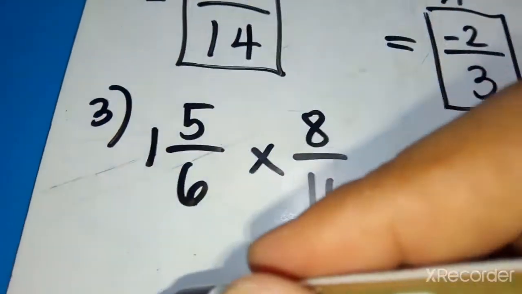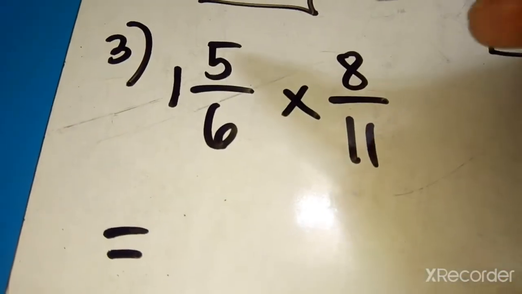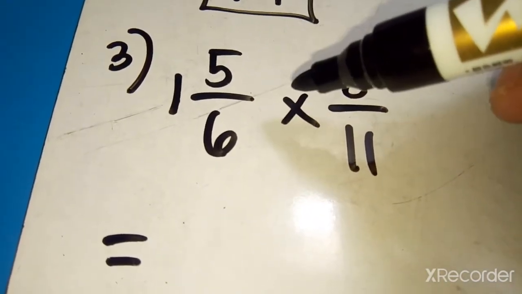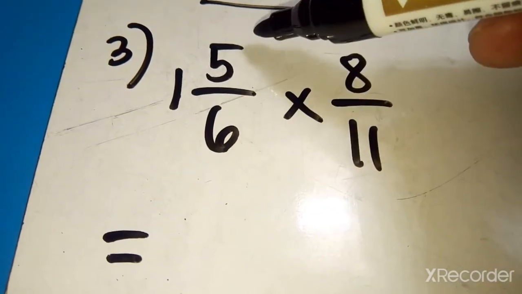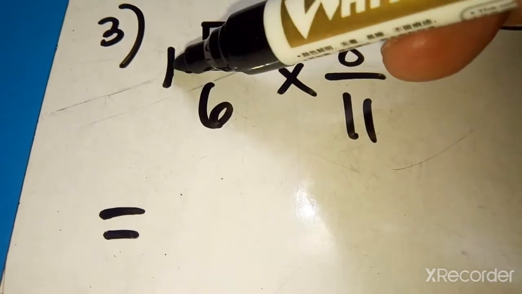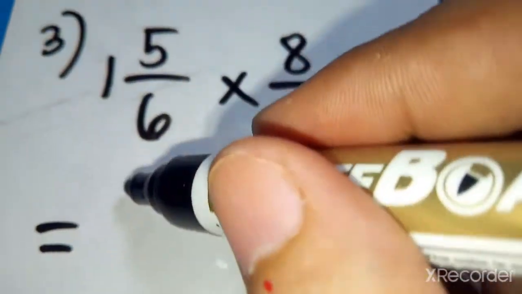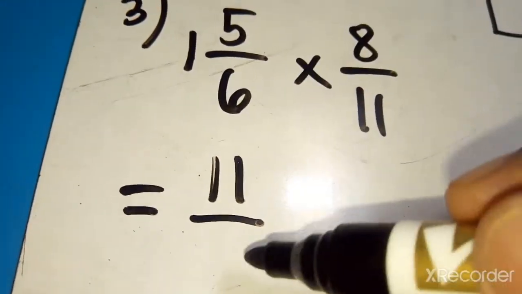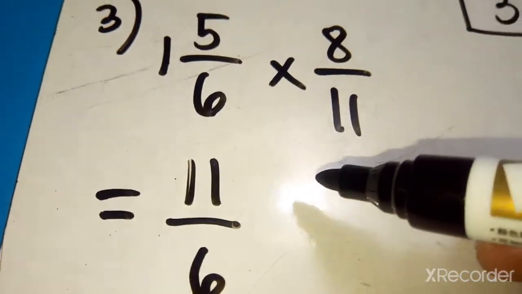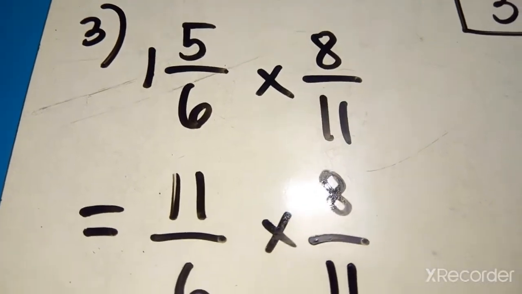So let's have a simple recall on how to convert a mixed number to an improper fraction. First, you multiply the whole number and the denominator, then add the numerator. So in this case, 1 times 6, so that's 6 plus 5, so that's 11. So 11 will be the numerator of our improper fraction. And just copy 6. Okay, then times 8 over 11.